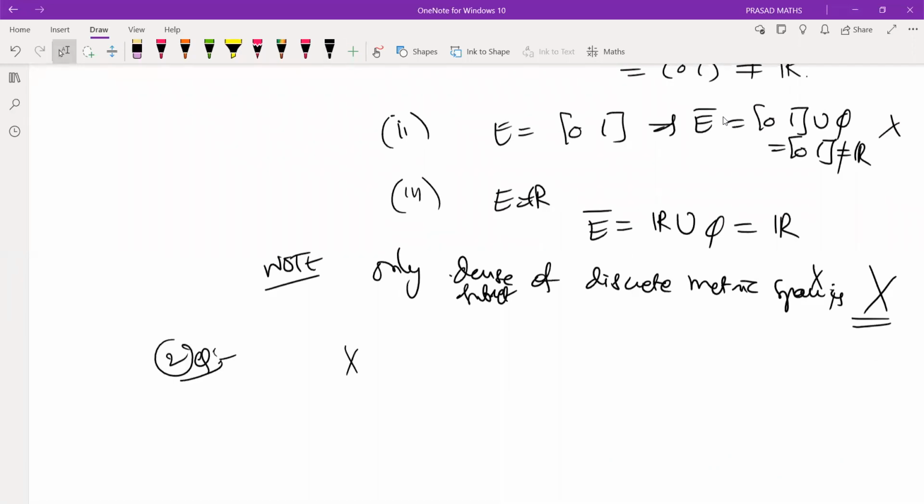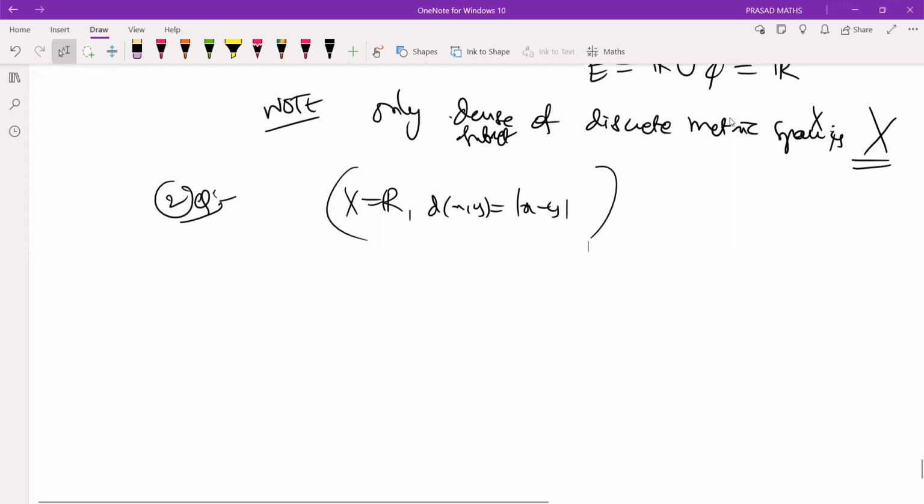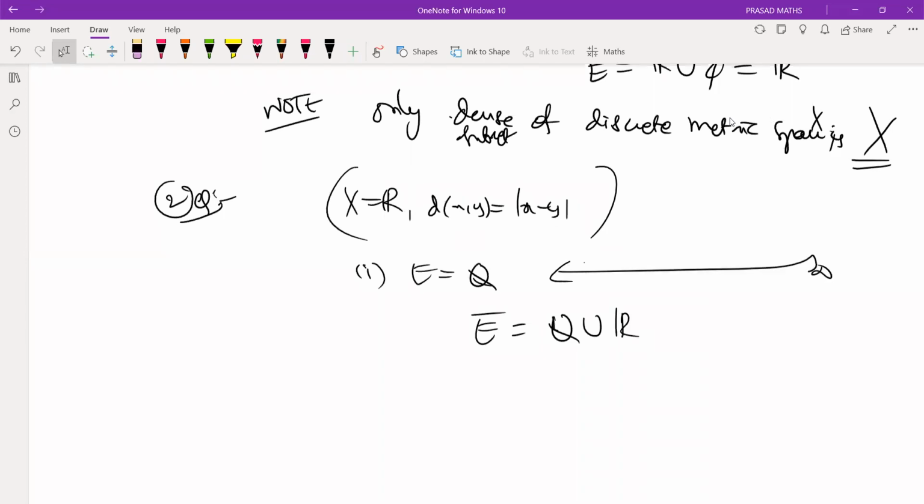Suppose you take E equal to the rationals. What is E closure? We have seen, E union its derived set. What is the derived set? Real numbers. Every real number is a limit point. You take any real number, you take any neighborhood, it contains at least one rational.